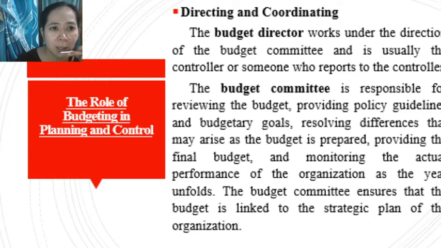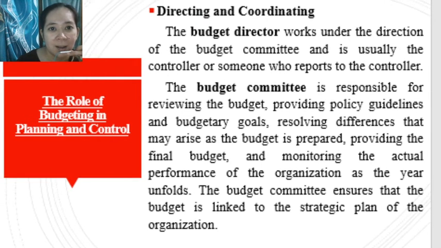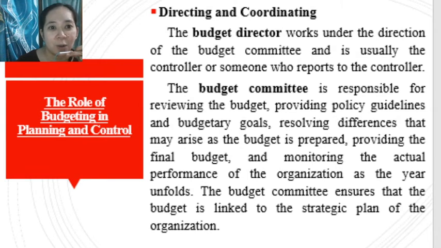So in some organizations, they have the budget director. So here, the budget director normally is the one who works under the direction of the budget committee. And he or she is usually the controller or someone who reports to the controller.